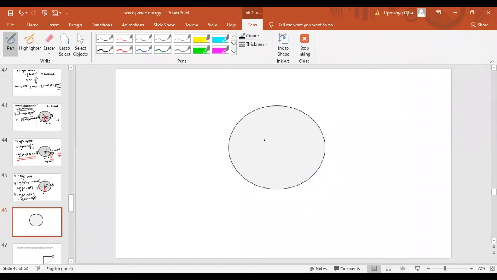If tension becomes 0 at any point, then we can say that the particle will not complete the circular motion. So let us suppose this is the string. On the string we have attached mass m, and we have given some velocity u at the bottom. What is the minimum velocity we should provide at the bottom so that it just completes the circular motion?